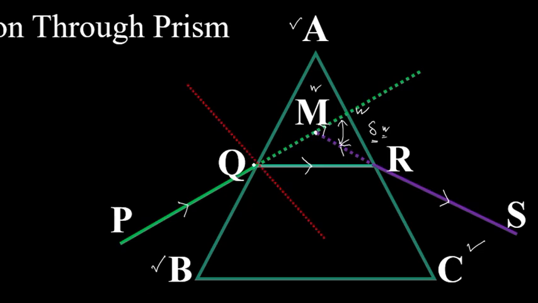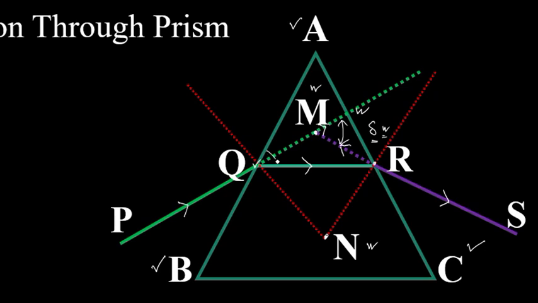This is the normal at the point Q. This is the normal at the point R. Both intersect each other at this point N. So AQNR is a quadrilateral and we know that sum of four angles of a quadrilateral is 360 degrees.